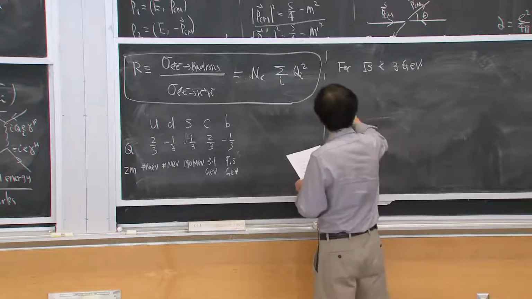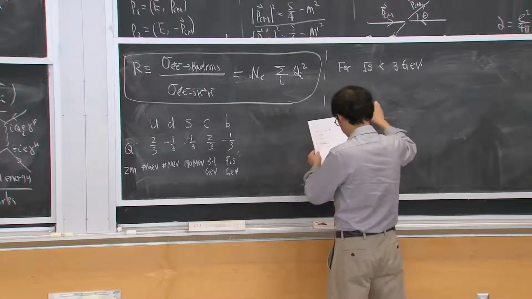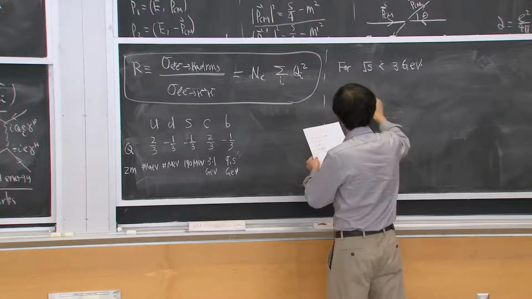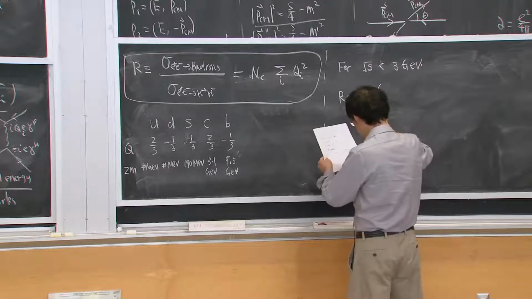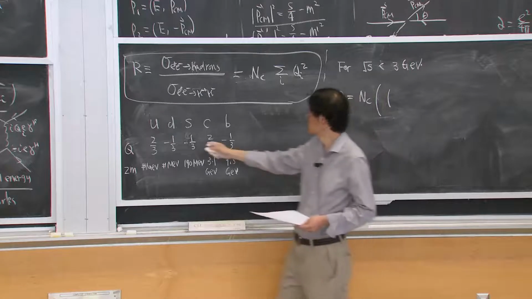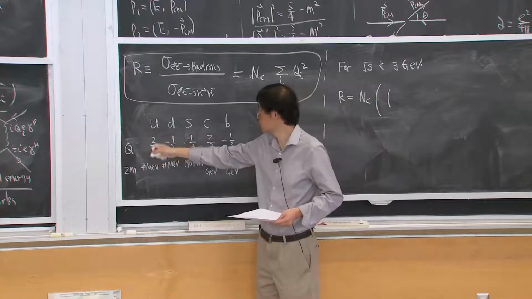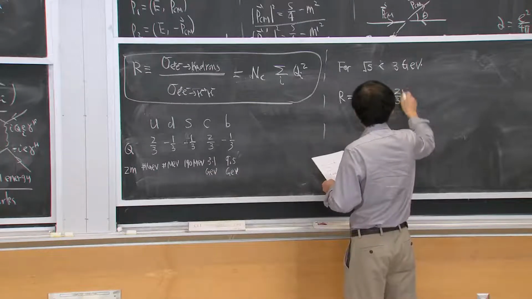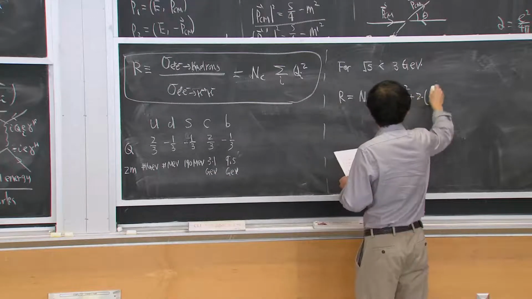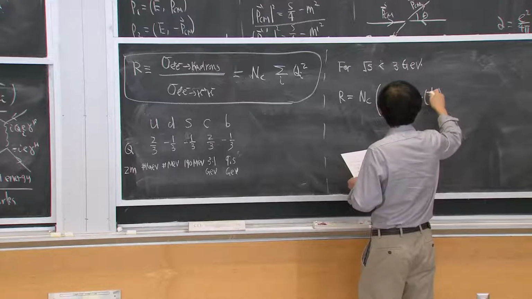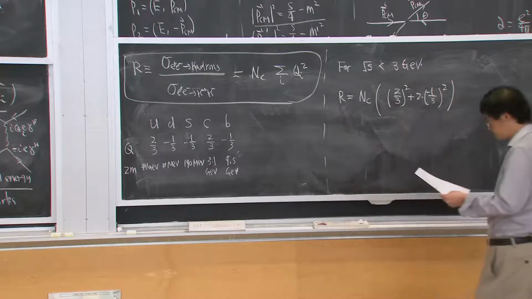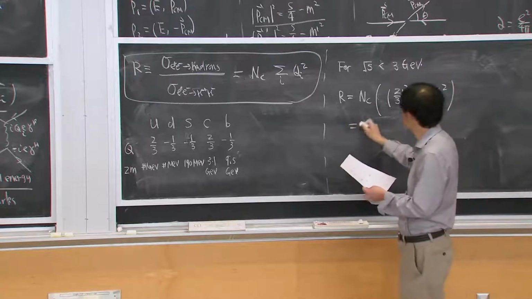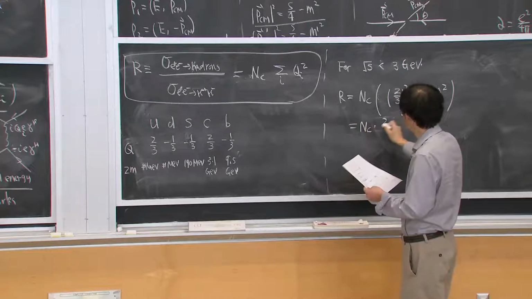In this case, we have R equal to NC times (2/3 squared plus 1/3 squared plus 1/3 squared). This gives you NC times 2/3.